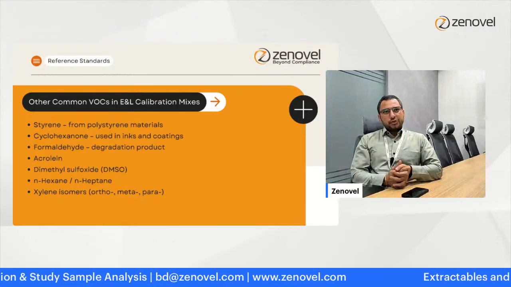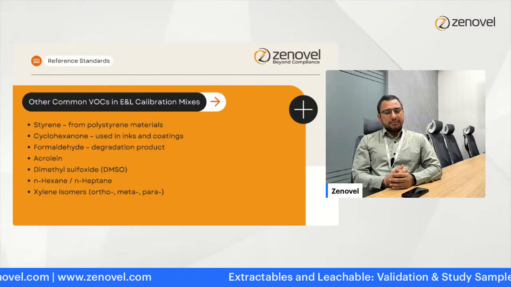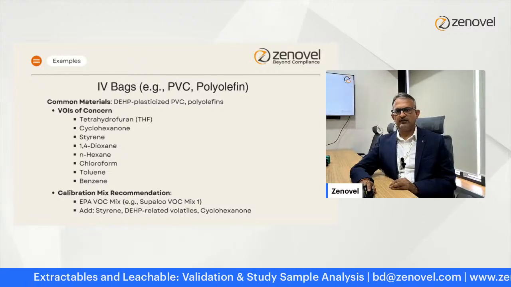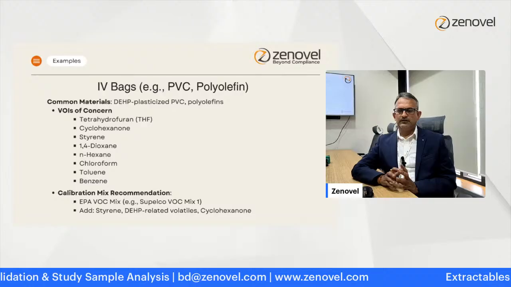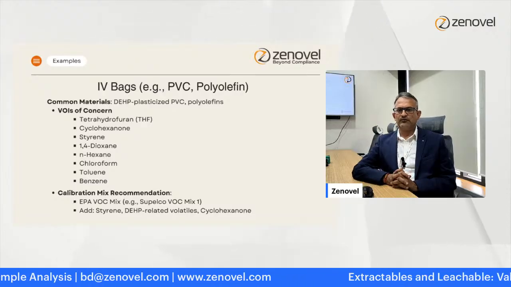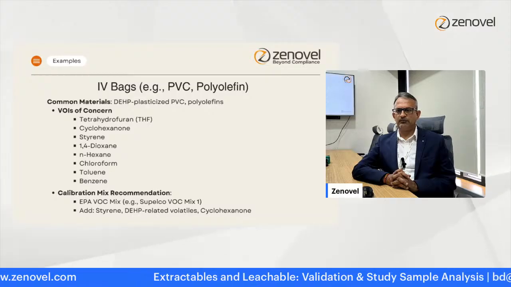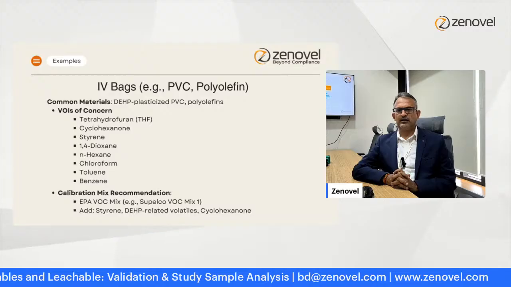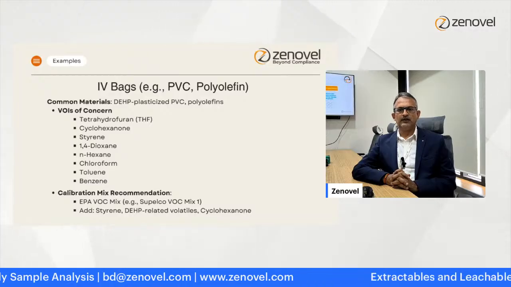Okay. My next question is, can you please provide some practical examples to understand it better? Definitely. Here the first example is provided for IV bags. They are examples of PVC and polyethylene. Common materials present in IV bags are DEHP-plasticized PVC and polyethylene.